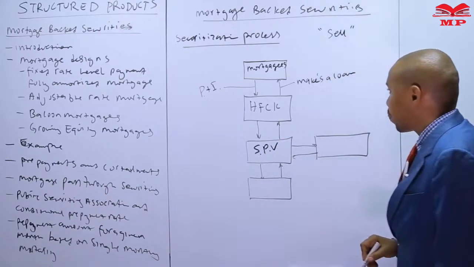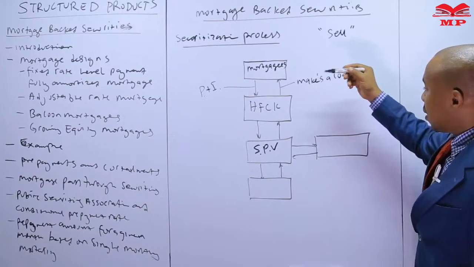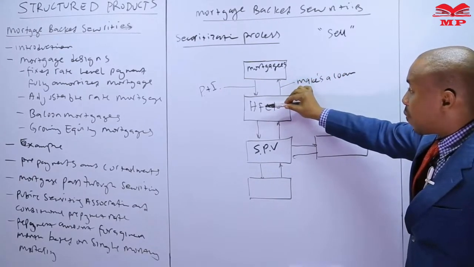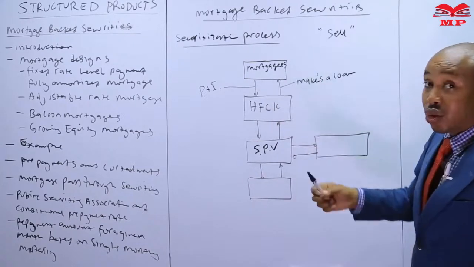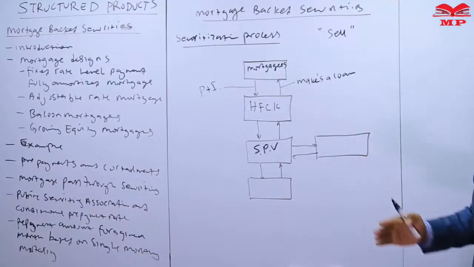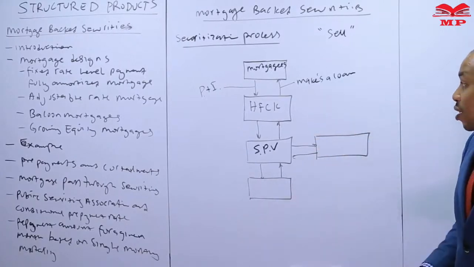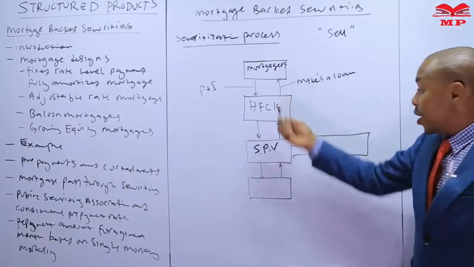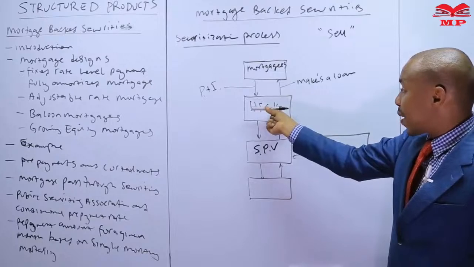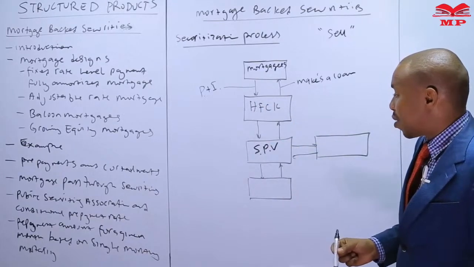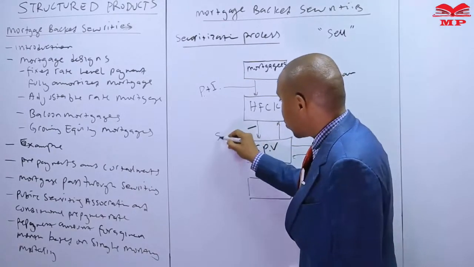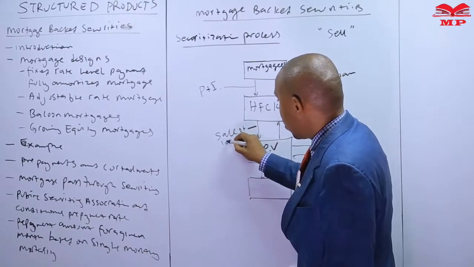When I mean sell, it transfers the responsibility for managing those mortgagees, issuing notices to them, and requesting them to make payments. So the management of the mortgages is transferred from HFCK to another entity called a special purpose vehicle. So here we can say sale of loans.